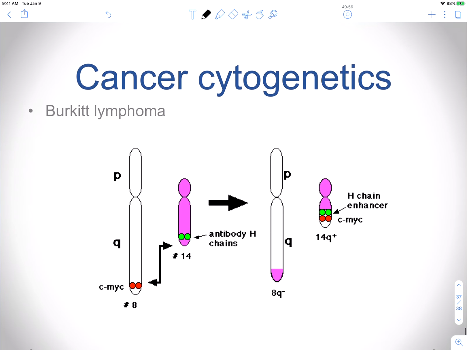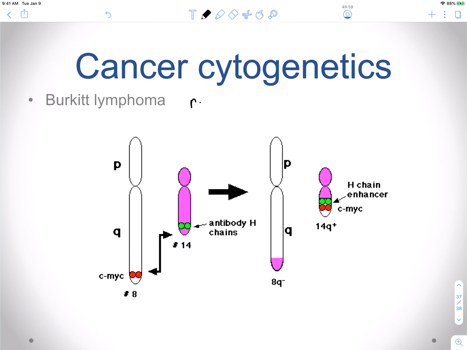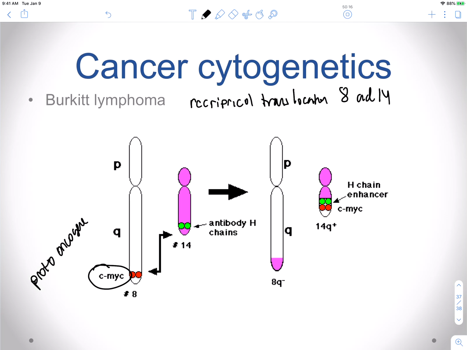There's also Burkitt lymphoma. Burkitt lymphoma is a reciprocal translocation between chromosomes 8 and 14. You have c-MYC, which is a proto-oncogene, and it's moved from 8q24 to 14q32, and in this position you have the heavy chain of your antibodies, which is a highly expressed gene in B cells.